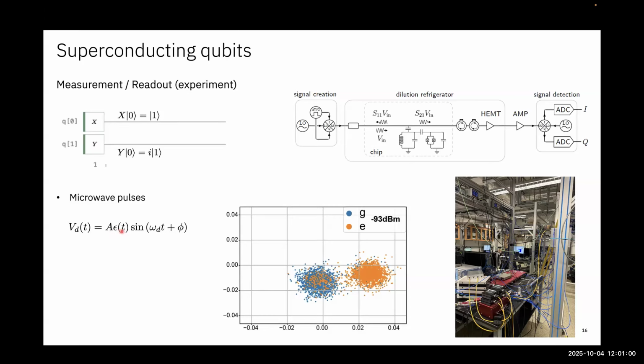It can be a square or a Gaussian pulse; for the actual implementation, this also matters. You have a pulse with an amplitude, a frequency, the timing of the pulse, and the phase. Between X and Y, the difference is the phase: for X, I think the phase will be 0, and for Y, it's going to be pi over 2.